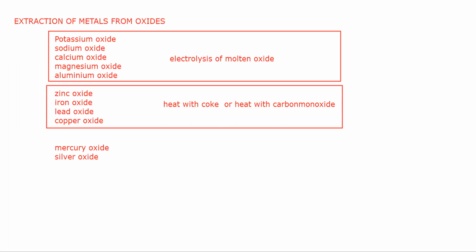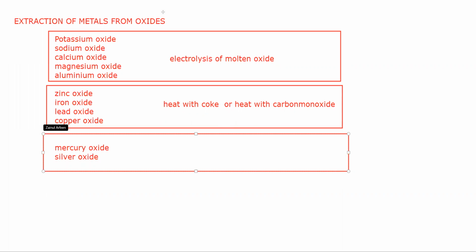And the last one, we heat the metal oxide alone. When we heat the metal oxide, the oxygen is removed from the metal. This is called roasting, or simply heating. These are the methods which we use to extract the metal from their oxide.